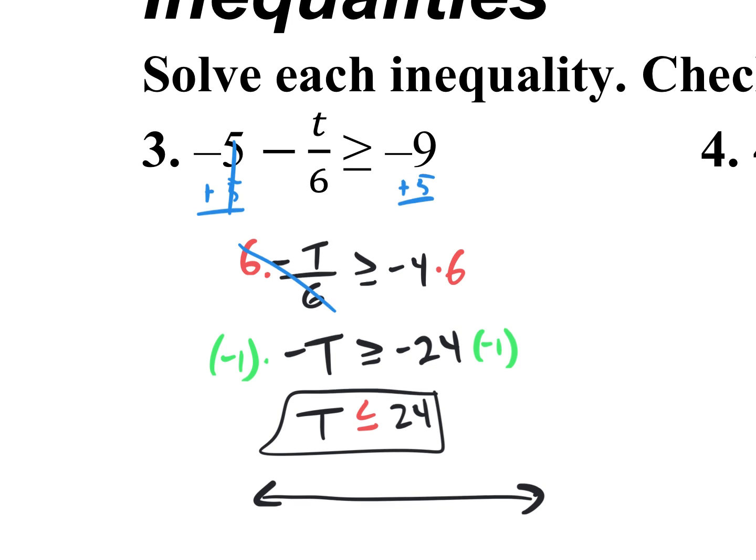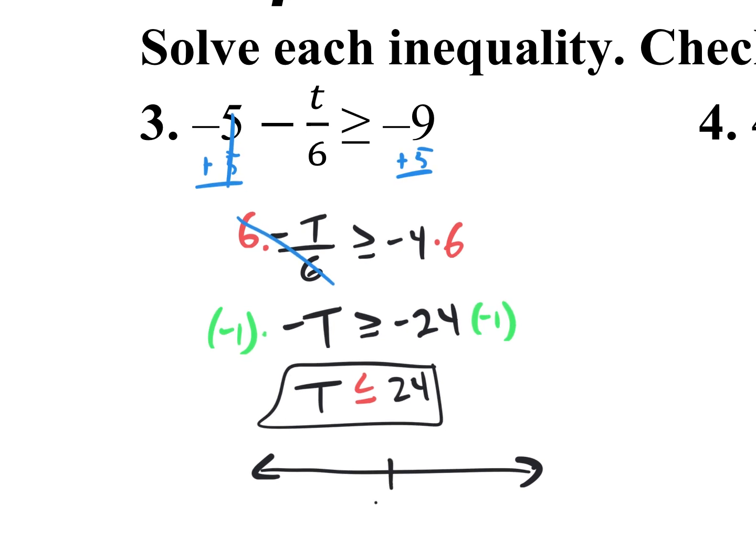You're going to have 24 right in the middle, a bigger number on the right side, and a smaller number on the left side. And it's going to be a solid dot because there's a solid line underneath the inequality. That means it could be 24 itself. So notice that's not an open dot, it's a solid dot.